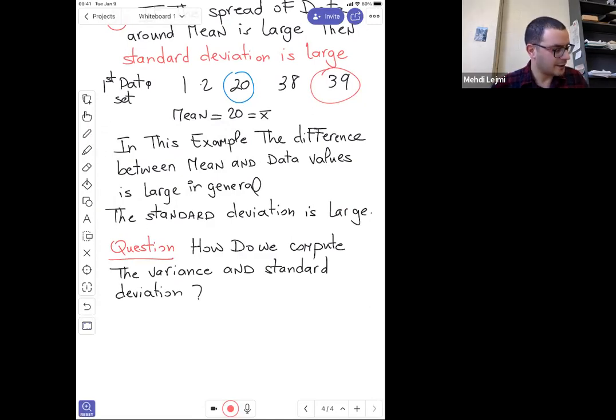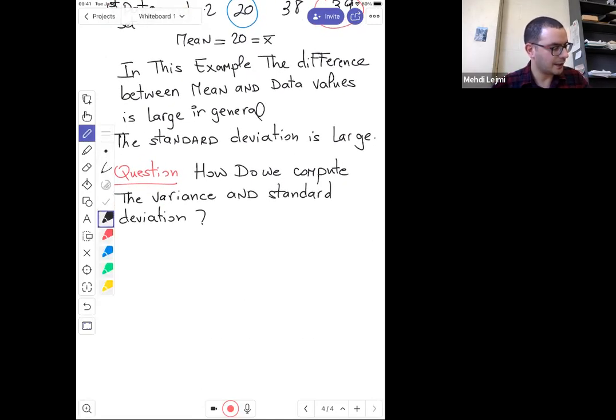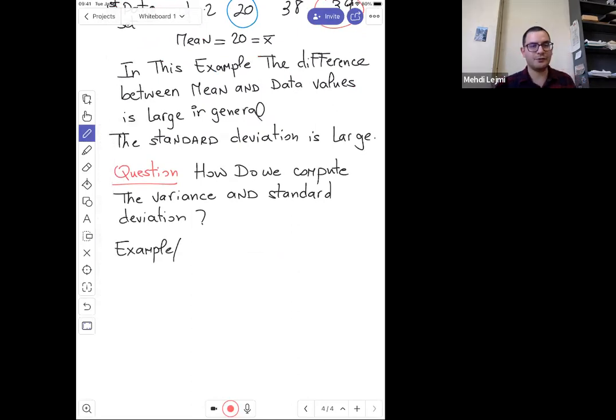I'm going to take a numerical example, and with the example, I'm going to give you the formula and some definitions at the same time.